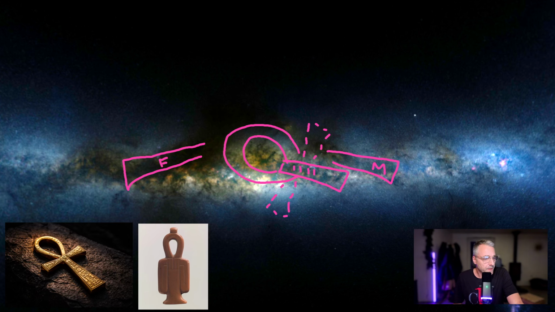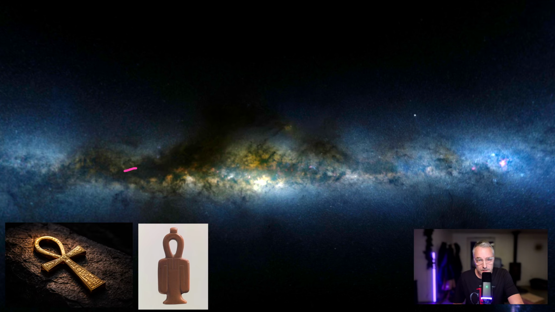And of course, the horizontal bar completes the Ankh symbol, pointing out the crossing point between life and afterlife, exactly where the shadows are crossing over the disk in the Milky Way center. So here we got the shadows crossing, and in the middle we got the disk light, the spirit.